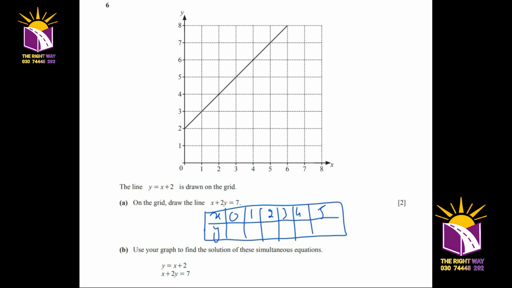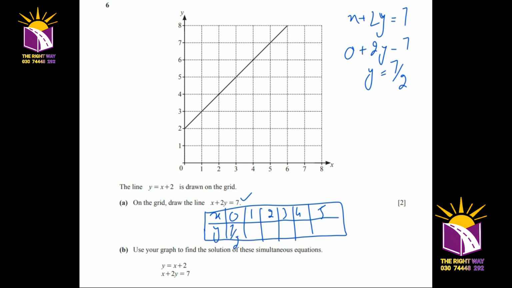And now we are going to calculate the values of y with the equation x plus 2y equal to 7. When x is 0, then 2y is equal to 7 and y is equal to 7 by 2.